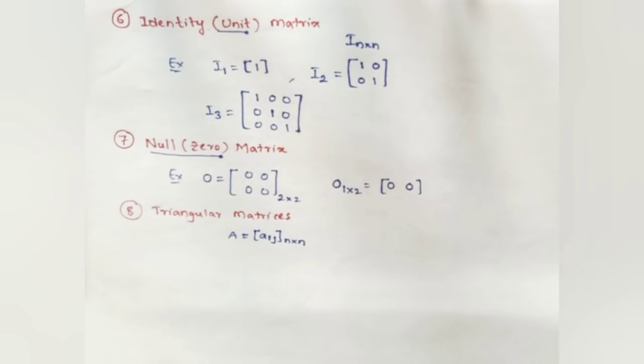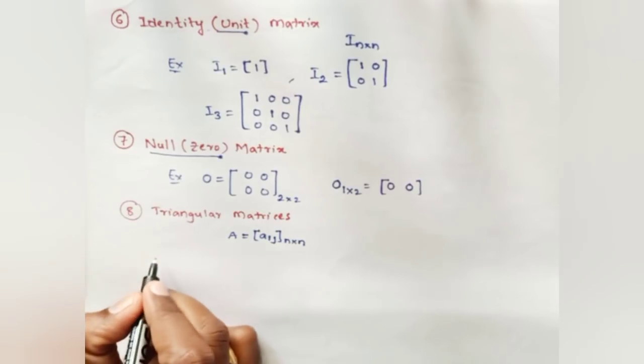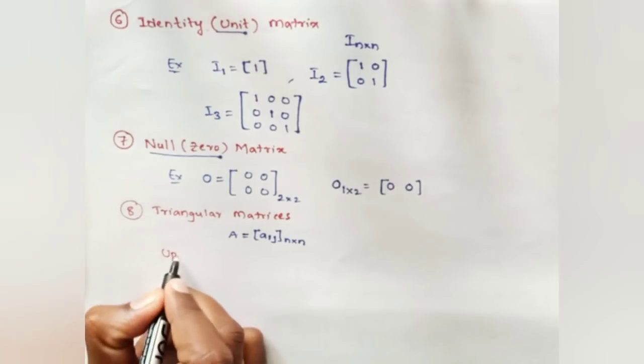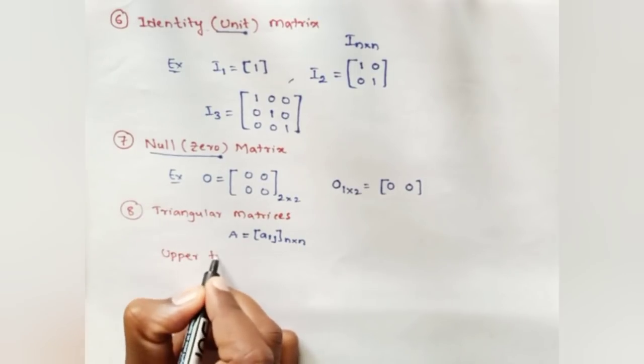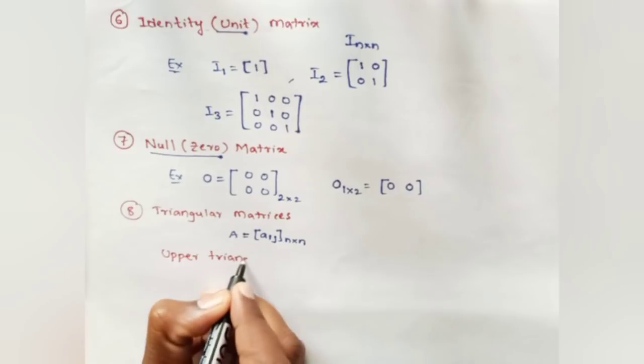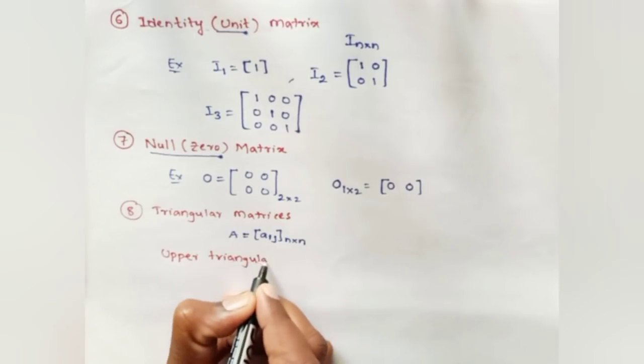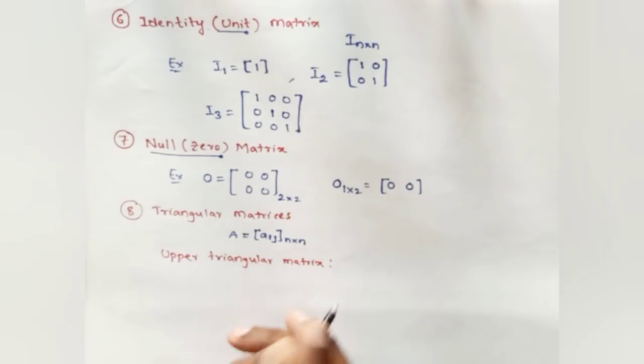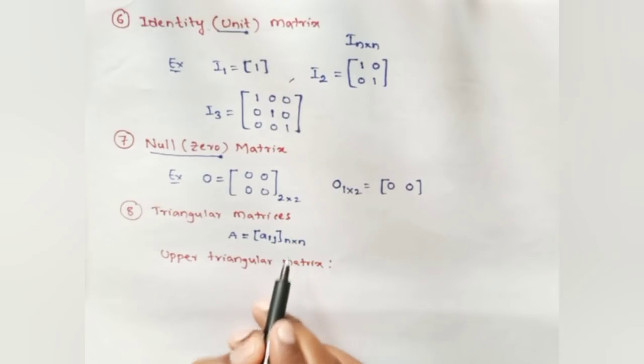There are two types of triangular matrices. Number one, upper triangular matrix. Here A is a matrix of order n by n.